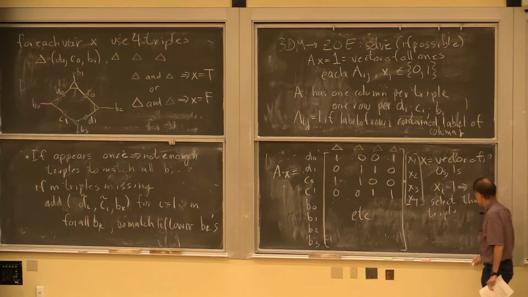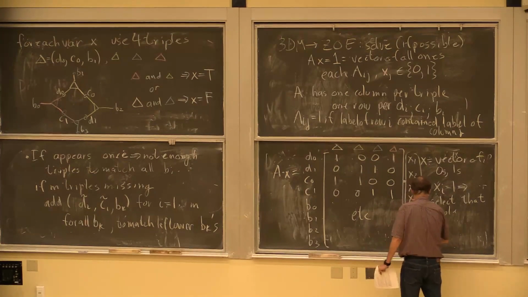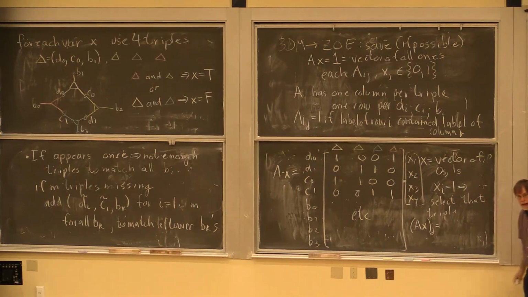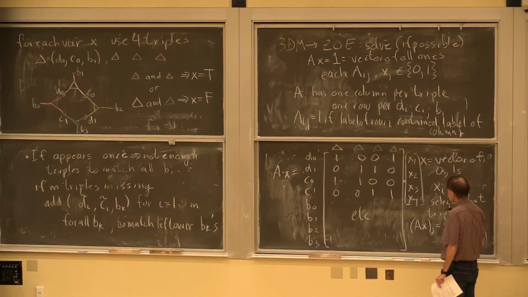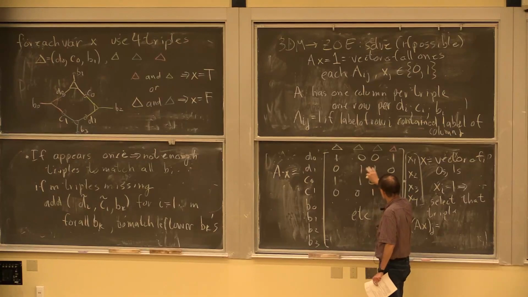Okay. Now suppose I do this, A times x, and I look at the jth entry of that vector. I've counted something. What I've done is I've added this column, maybe this column, maybe this column.